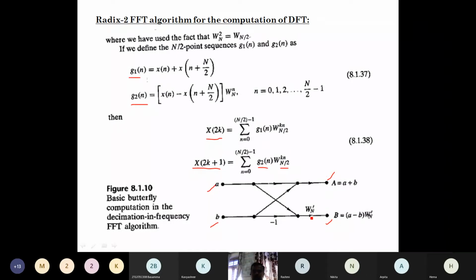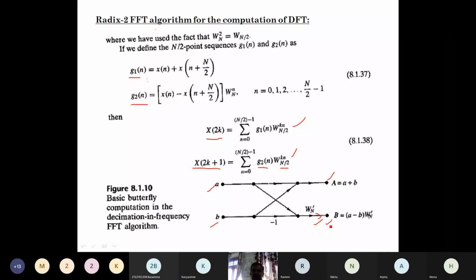So if you go for this butterfly calculation according to these equations, the butterfly will come like this. Instead of multiplying the twiddle factor at the input line, for the second line we are going to use that twiddle factor multiplication at the output of the second line.